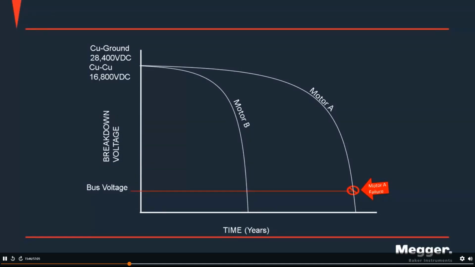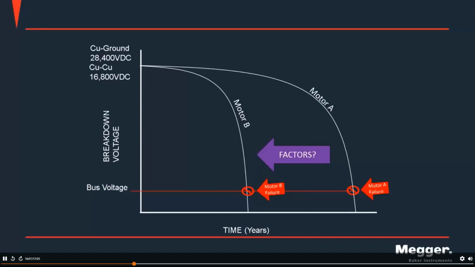It's exactly the same design, but for some reason it's living half the life. Trying to understand why this motor's failing more rapidly, more frequently, is one of the goals of motor testing, to identify the different factors that could lead to that accelerated degradation.